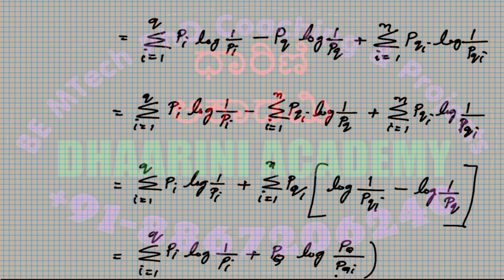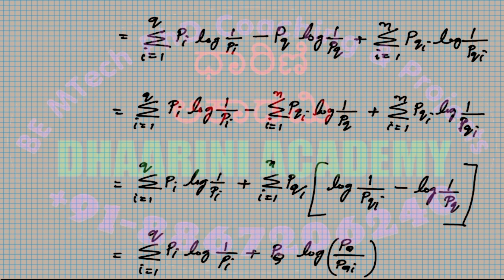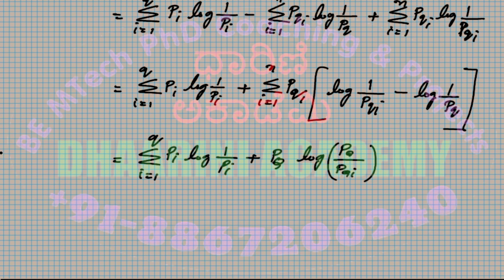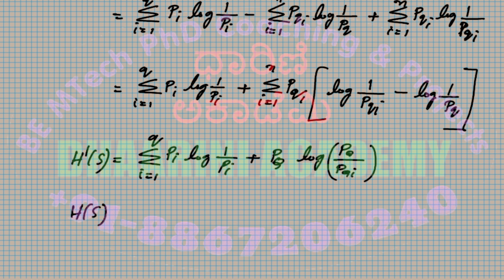All right, so the idea is this: on the left hand side I have H dash of S. So H dash of S is the newly calculated entropy after splitting. If I split a given term, I get the entropy called H dash of S. But what is this? This is the entropy without splitting, correct? Look at yesterday's equations.